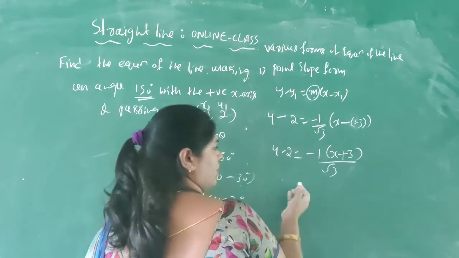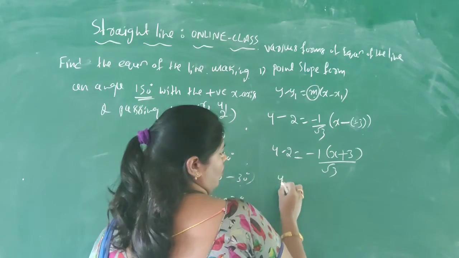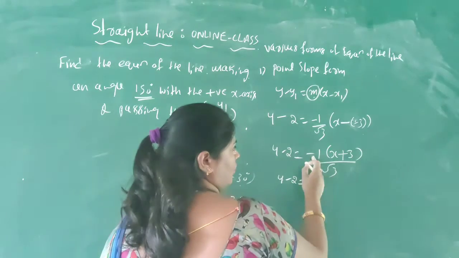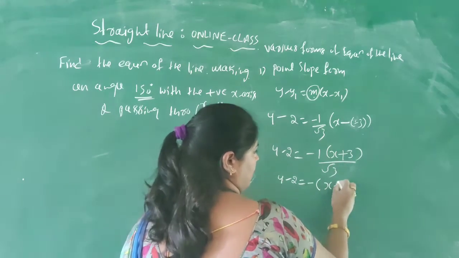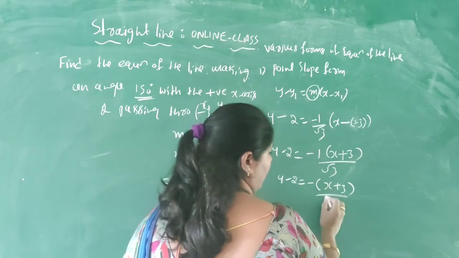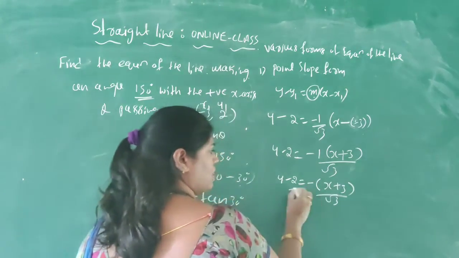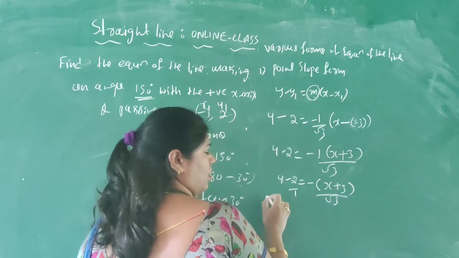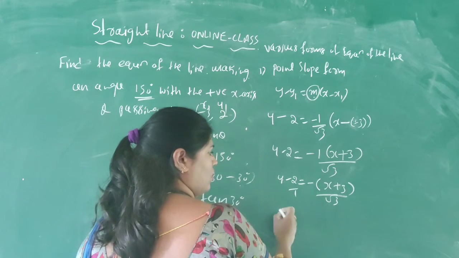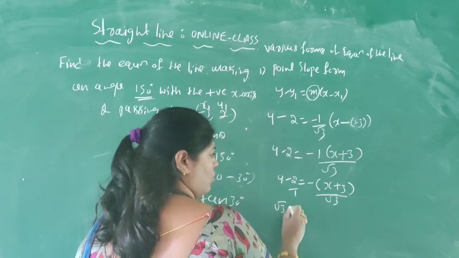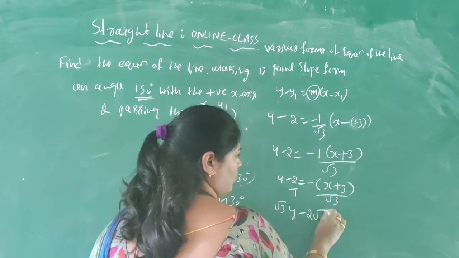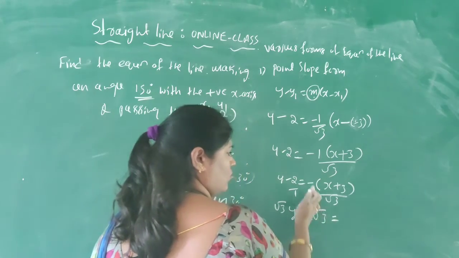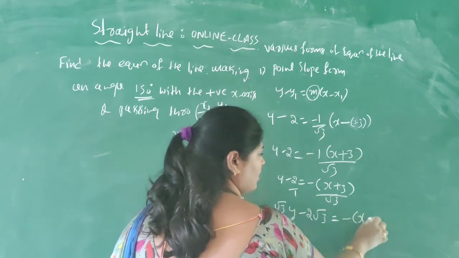We can write y minus 2 is equal to minus of x plus 3, divided by root 3. Cross multiplying, we get root 3y minus 2 root 3 is equal to minus of x plus 3.